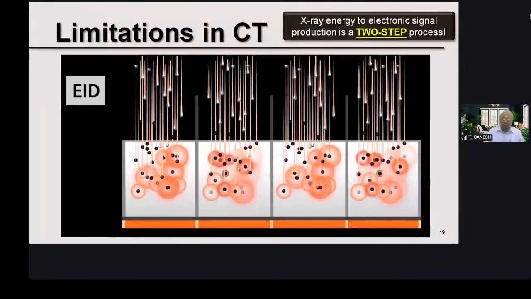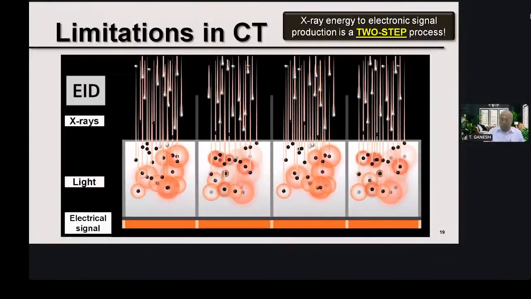The third problem is that, as you see here, X-ray photons come in, they get converted into light, and then the light is what finally leads to the signal that we measure. So X-ray energy is converted into electronic signal, and that is a two-step process. X-ray photon is there, light is produced, and then electrical signal.